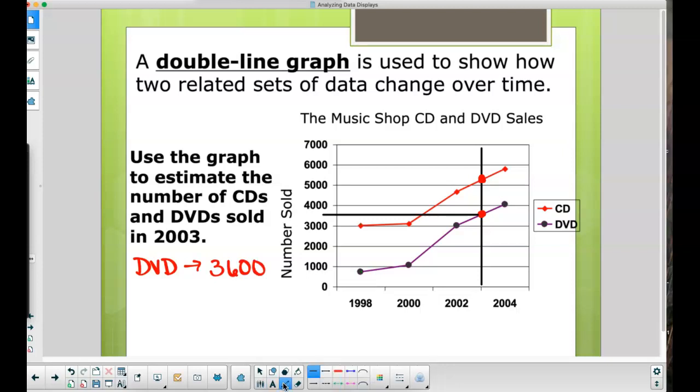And CDs, if I draw this line, try that again. I'm going to draw this line over here. What would that be? CDs would be about what, Tyler?